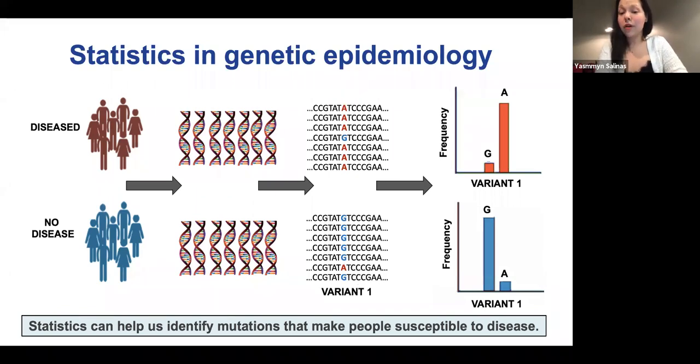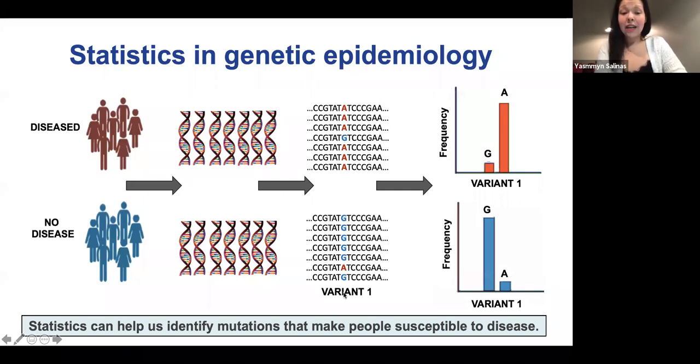These differences are called genetic variants. If we look at these sequences, the parts in black are where people are exactly the same, but this variant is where there are differences. Some people have an A, some people have a G in the sequence.